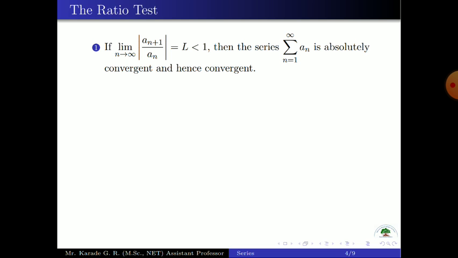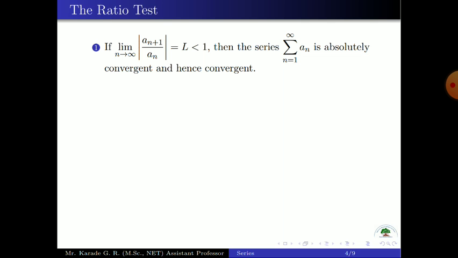We will write here: if limit n tends to infinity mod a_{n+1} upon a_n is equal to L and it is strictly less than 1, then the series summation n equal to 1 to infinity a_n is absolutely convergent and hence convergent.